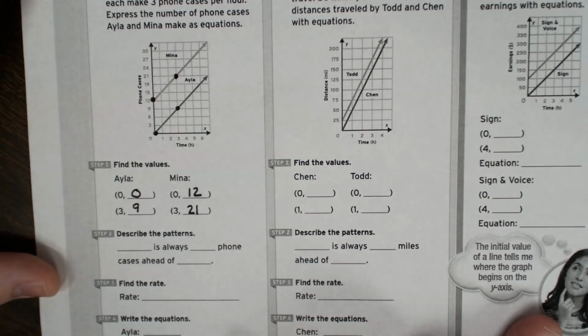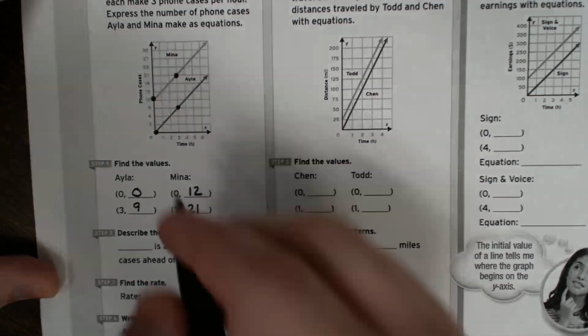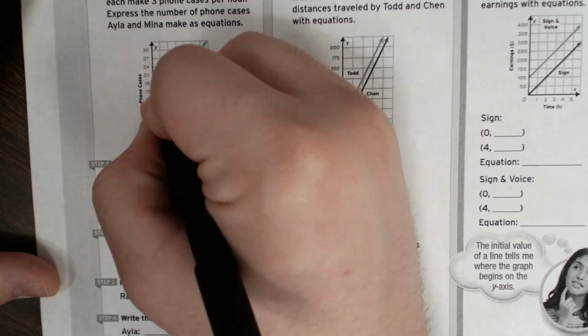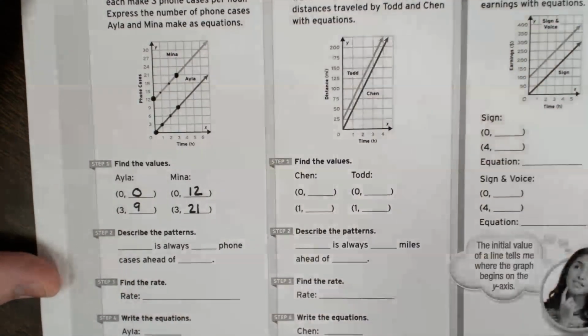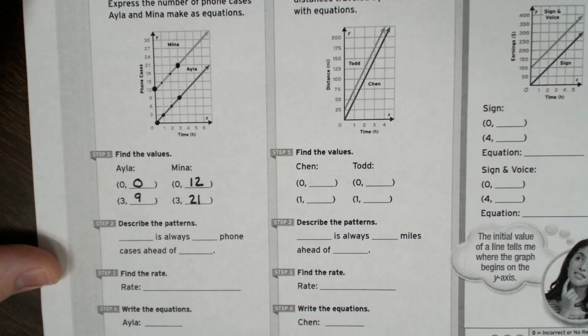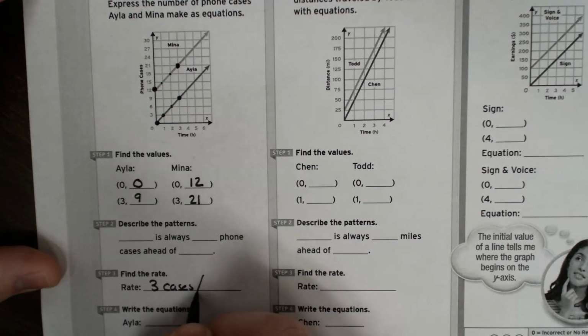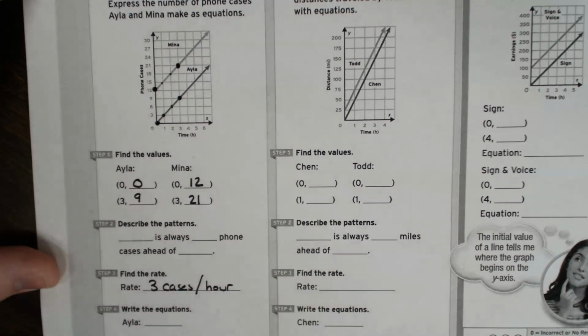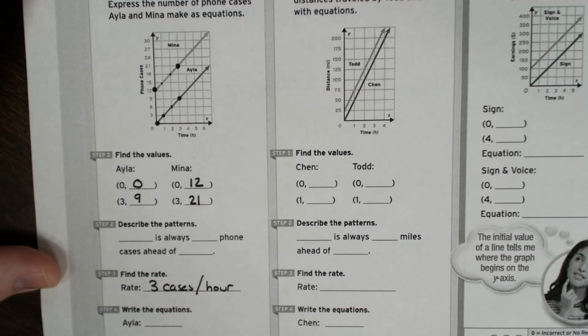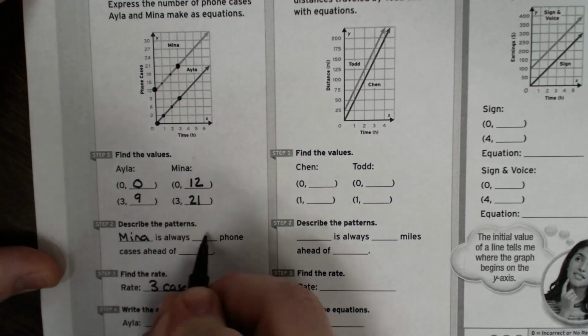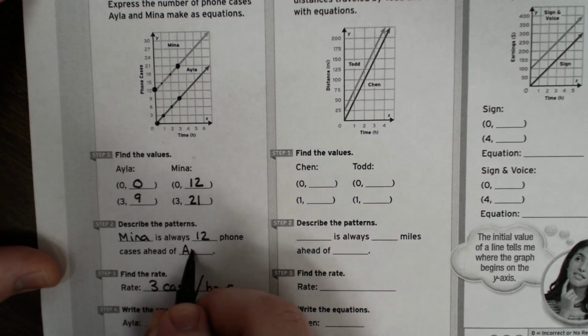Now, each of these people is making 3 cases per hour. We see that on both graphs by the fact that each of those dots is increasing by 3. So jumping down to step 3, the rate is 3 cases per hour. However, Mina is always 12 phone cases ahead of Ayla.